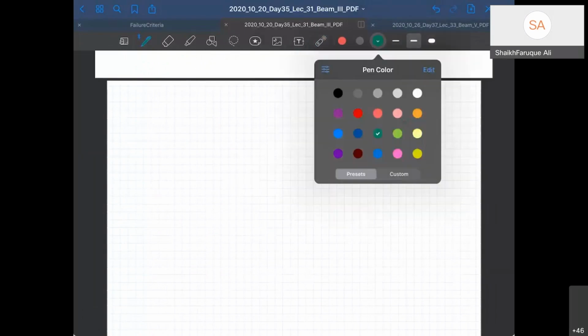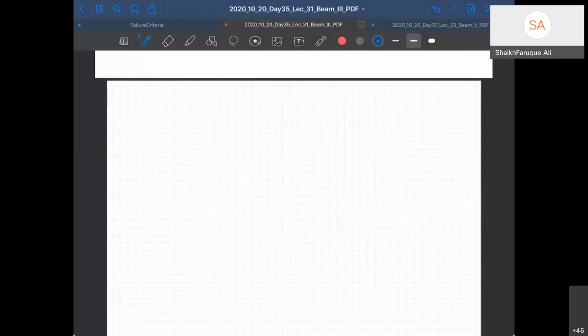Yeah, thanks. So if I have to write a beam, what do we mean by beam? Structurally, what are beams? So beams are members that carry transverse load, okay?